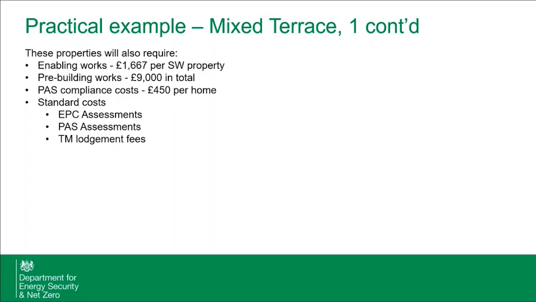Properties will also require enabling work, so that'll be 1,667 per solid wall property, £9,000 for pre-building works in total, an additional £450 for PAS compliance costs, along with your standard EPC, PAS assessments, and Trustmark lodgement costs, which in total come to £350.